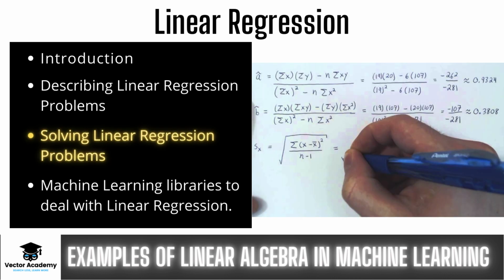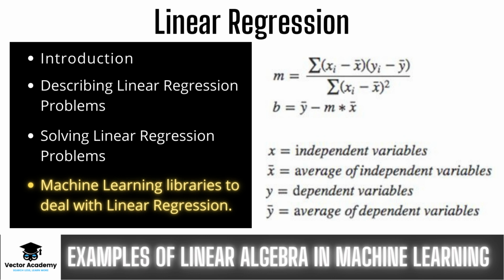Solving linear regression problems. There are many ways to solve the linear regression problems. That is, finding a set of coefficients that when multiplied by each of the input variables and added together results in the best prediction of the output variable. Machine learning libraries to deal with linear regression.